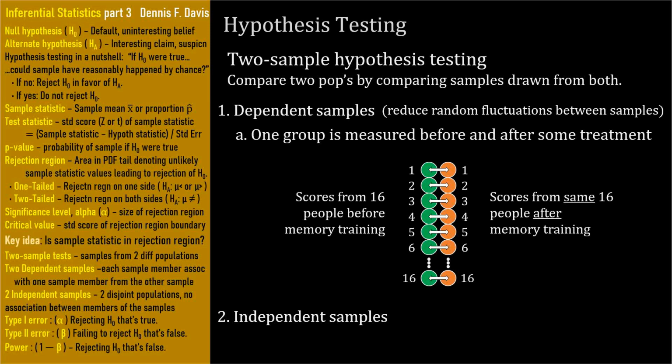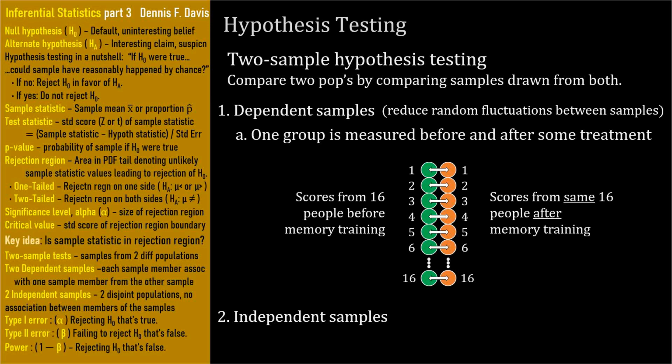Can you see how before and after dependent samples is a more effective evaluation than testing 16 random people who haven't had the training and comparing those scores to 16 different random people who have? The two groups could be very different, and there's no way to attribute any difference in test scores we observe between the groups to the effectiveness of the memory training. By using the same 16 people, we eliminate or reduce the effect of other random fluctuations on our study. Any difference is more likely the result of the memory training.